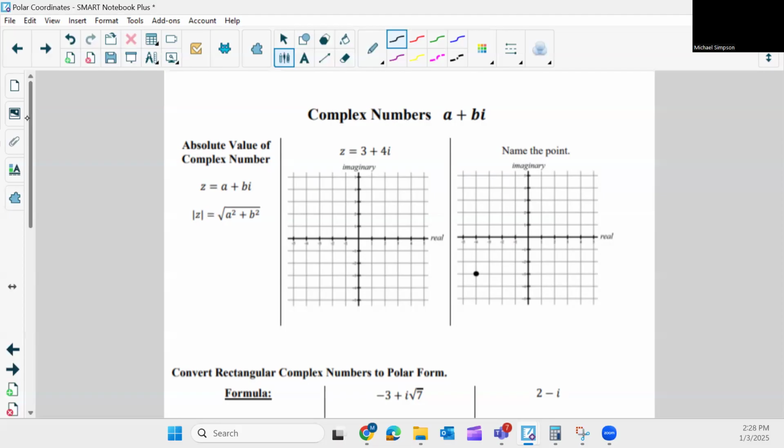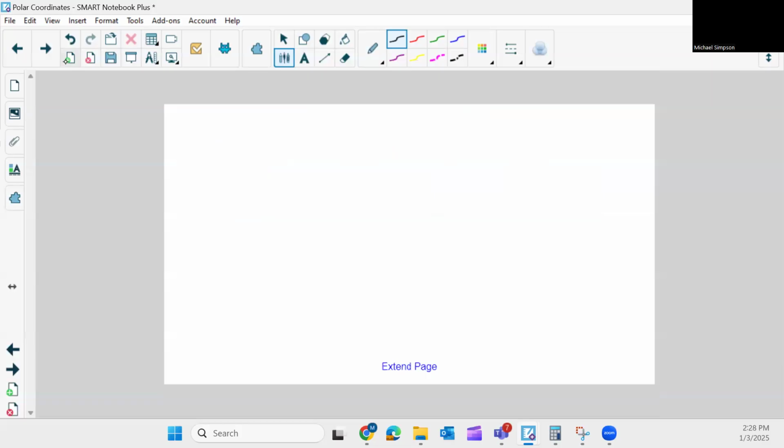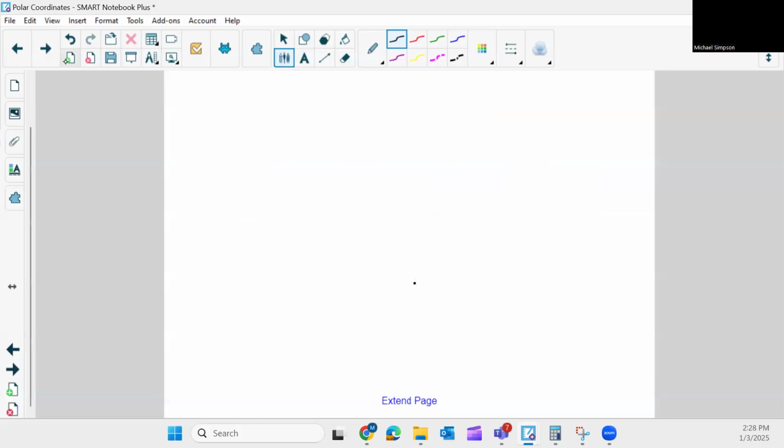let's extend this real quick. So remember in Algebra 2, you get a quadratic equation to find the factors, and you get x is equal to minus b plus or minus the square root of b squared minus 4ac, right?